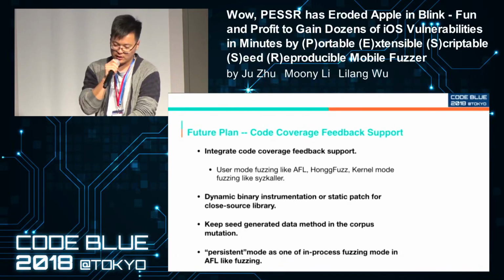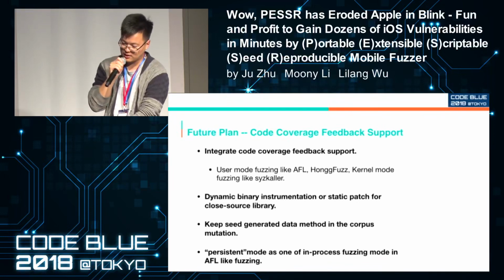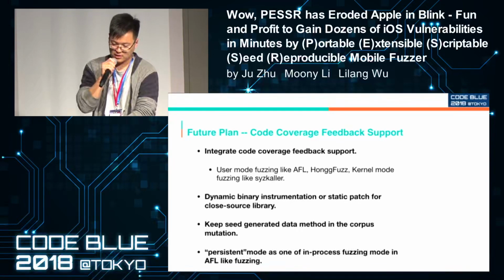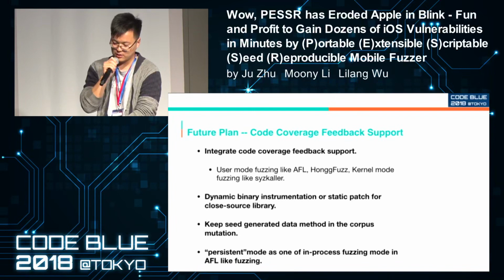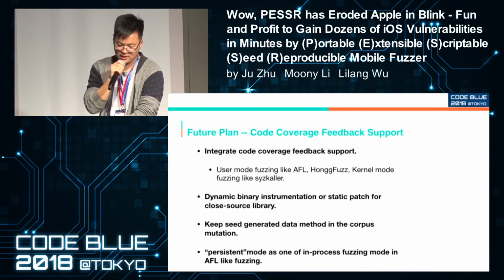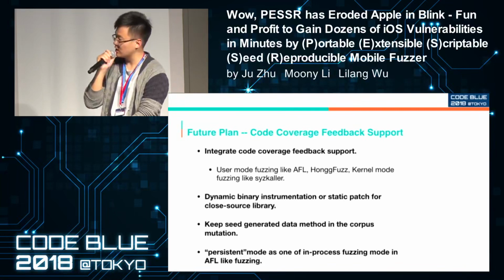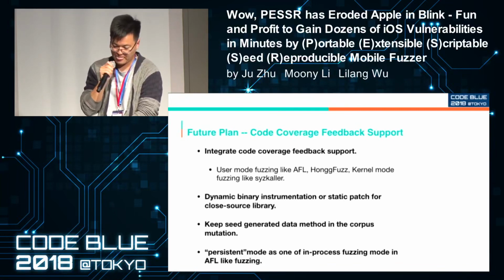And we all know nearly all of the iOS and macOS drivers and framework libraries are closed source, so dynamic and static binary instrumentation are the alternative methods. What's more, we will also support the persistent mode like AFL.